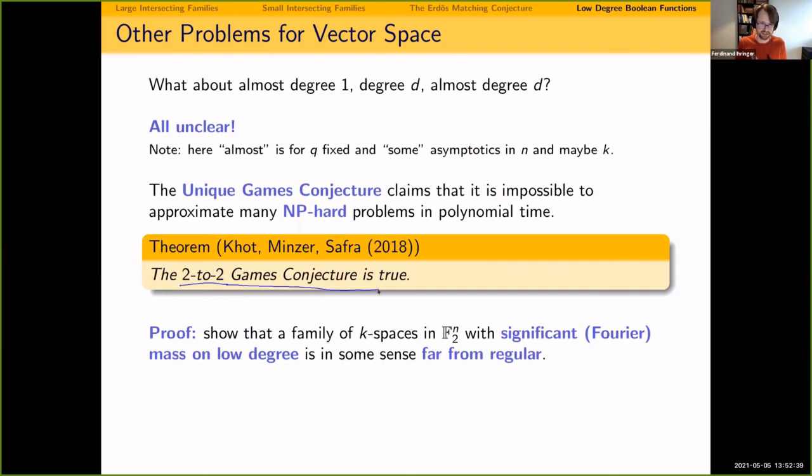And they actually investigated certain families of k-spaces in a binary vector space, which have, I mean, to adopt Nathan's terminology from yesterday, significant Fourier weight or mass on low degree. And they did show that these families, I mean, what they showed is that you have subspaces A and B, and you find that between these two subspaces, you find a lot of the family.